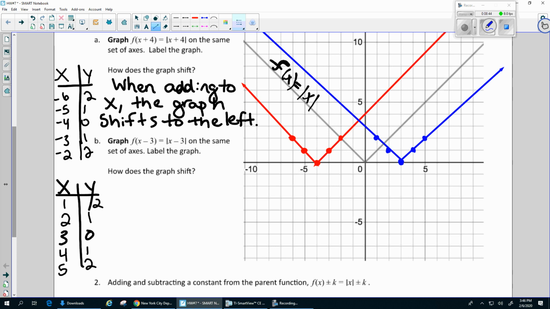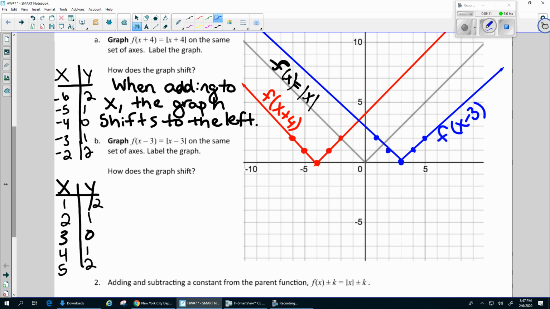And I extend that through my graph. So I didn't do this before, but let's label our graphs. So the blue function is f of x minus 3, and the red function is f of x plus 4. Let's make sure those are labeled. That was in our directions.